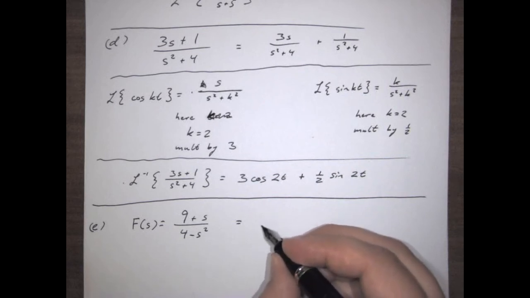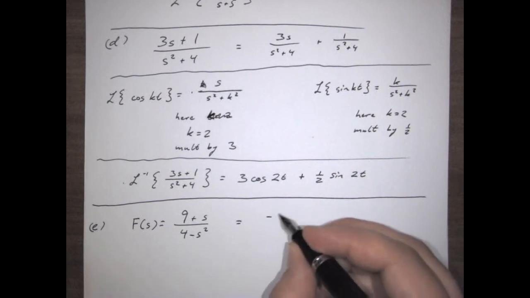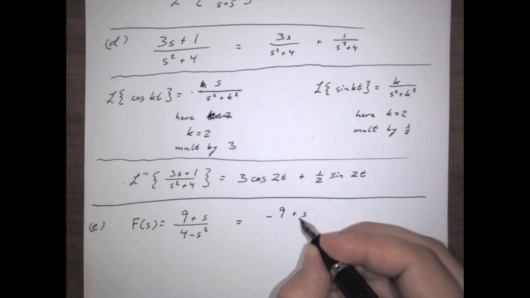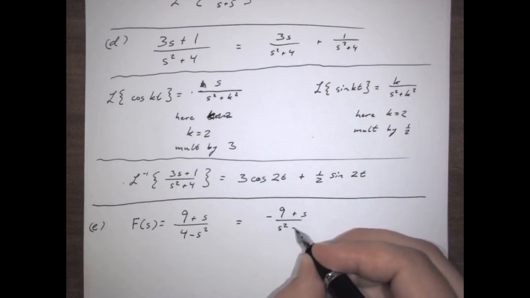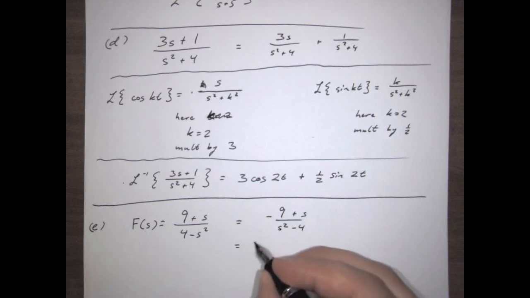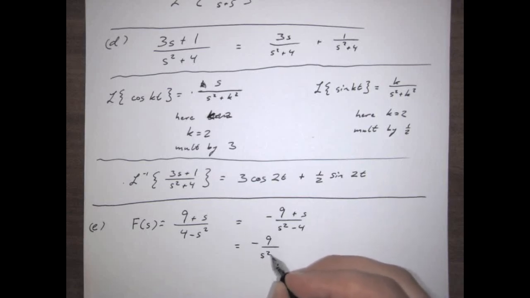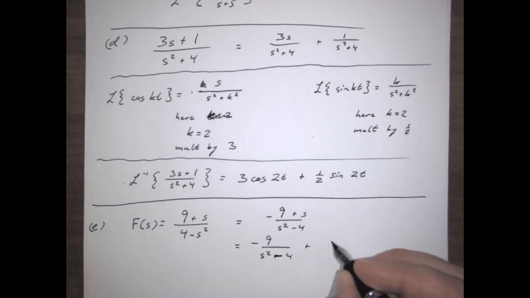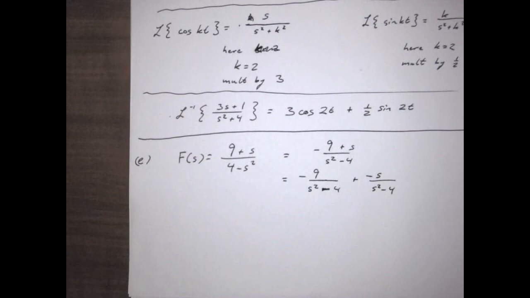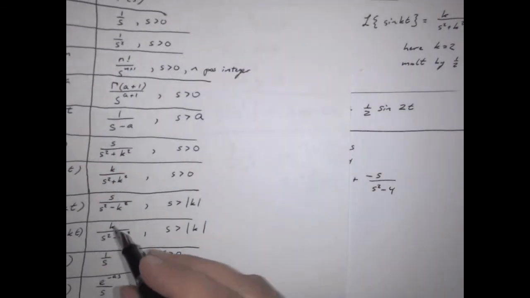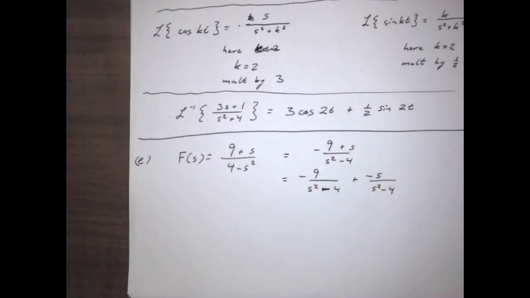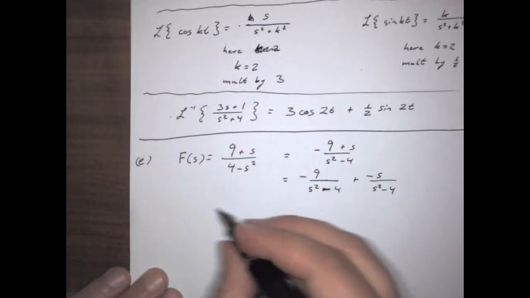So we could rewrite this as negative (9 plus s) over (s squared minus 4), and that would be negative 9 over s squared minus 4, plus negative s over s squared minus 4. Now looking at the table, the reason why I did that was I wanted it to match the formats that were on it, and the formats would be for the hyperbolic cosine and hyperbolic sine functions.